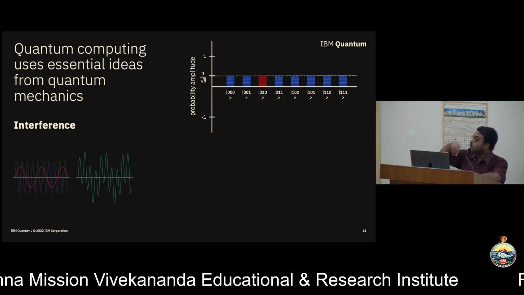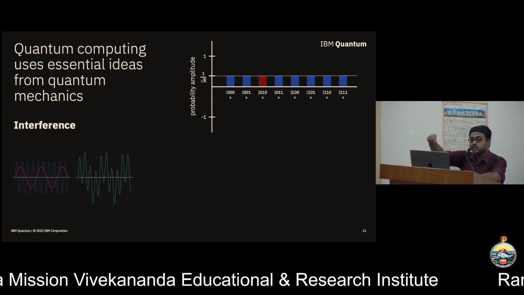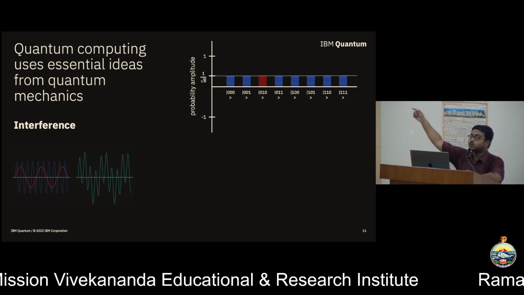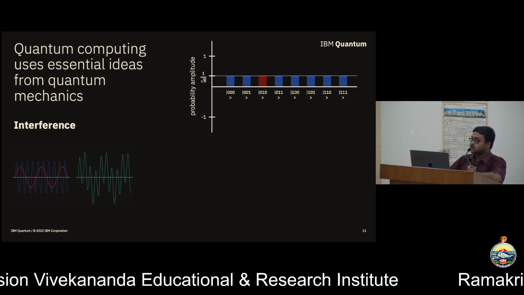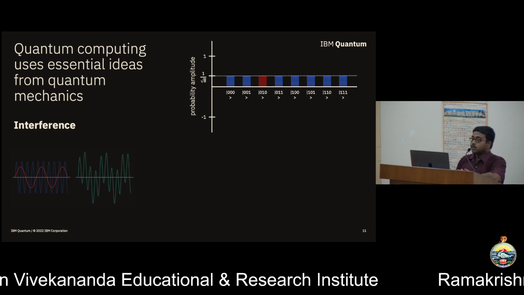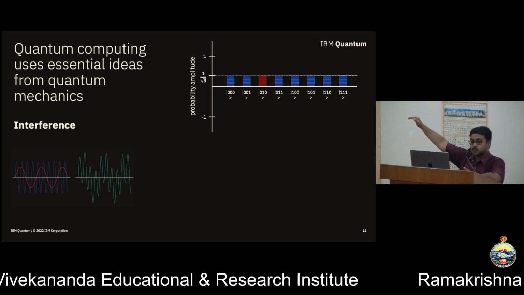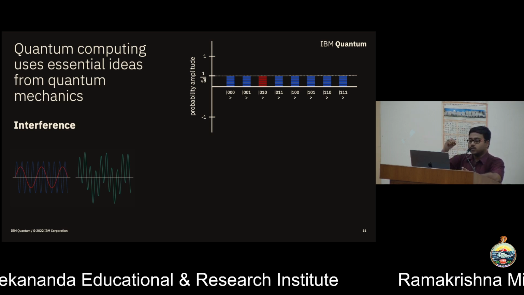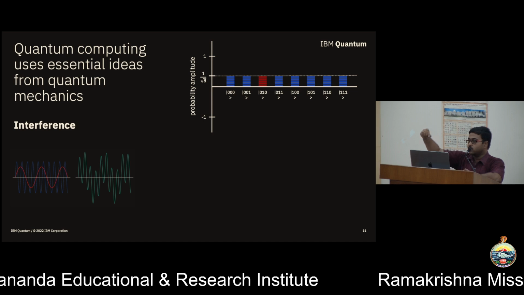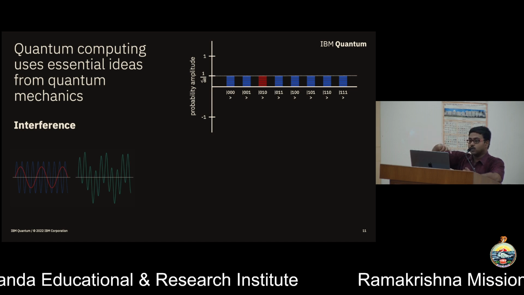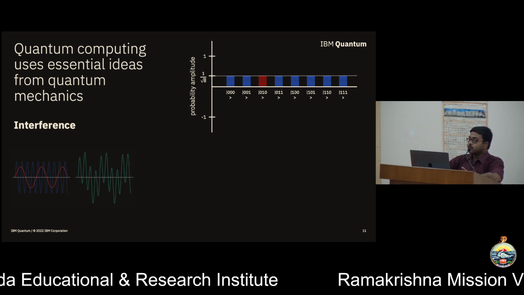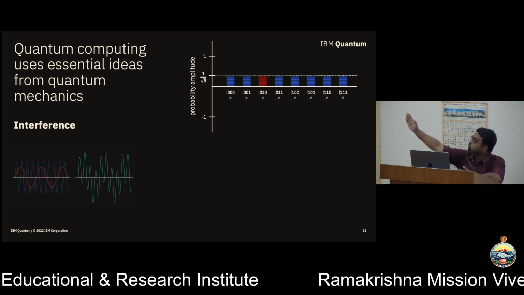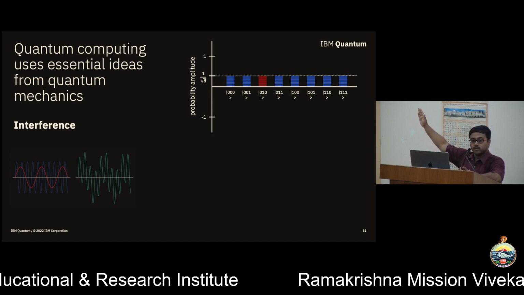We will look in each of them, and we want to find out which one is the red one. That's a search problem. Now, if there is no structure to this, then the best you can do is start looking at each one of them and see which one is red and which one is blue. How much time will it take? In the worst case, you have to see all of them.